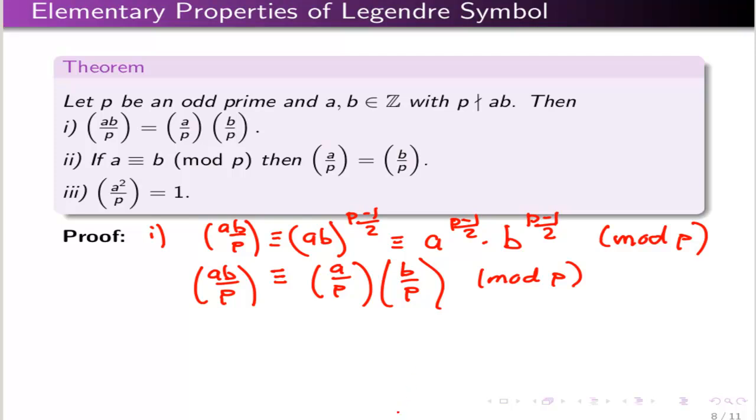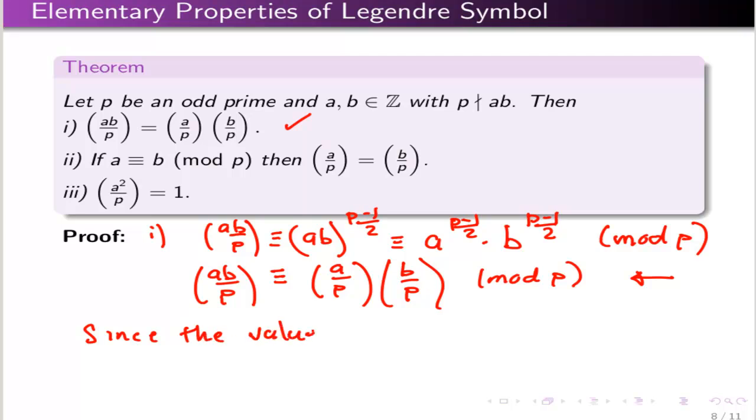Now, I haven't quite proven part 1, because part 1 is an equality of integers. This is a congruence right here. So how do we go from the congruence to saying these two integers are actually equal? Well, that follows from the fact that the integer value of (ab over p) is plus or minus 1, and so is the right-hand side.